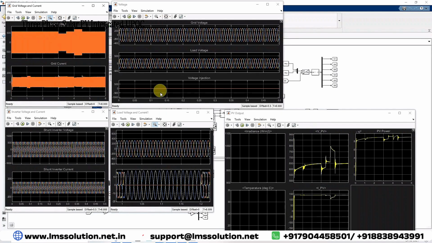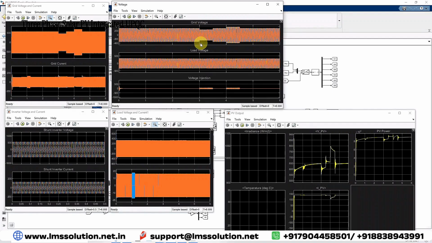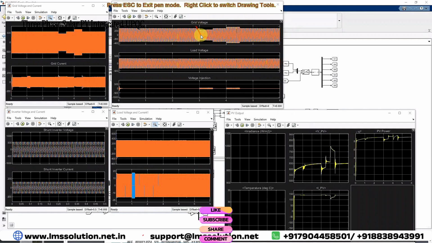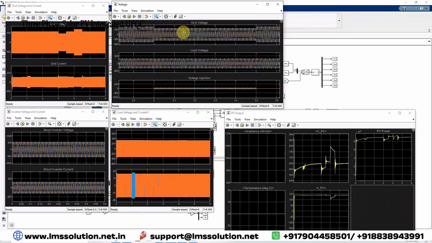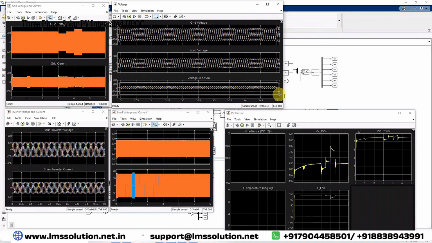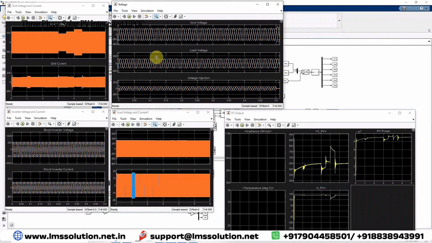Next, I'm going to show you the next event, nothing but the sag and swell event. Here, from 3 to 3.5, sag is created in the system. You can see the voltage sag is created at this point from 3 to 3.5, because the voltage is reduced to some level. But during that time, the voltage source converter injects some voltage in order to maintain 1 per unit voltage at the load side.